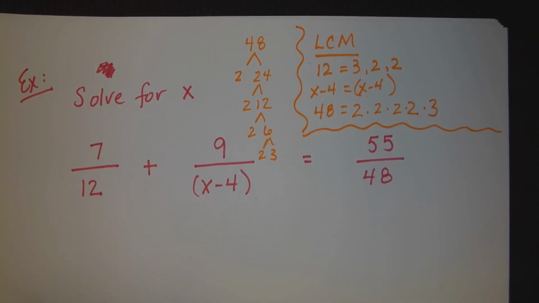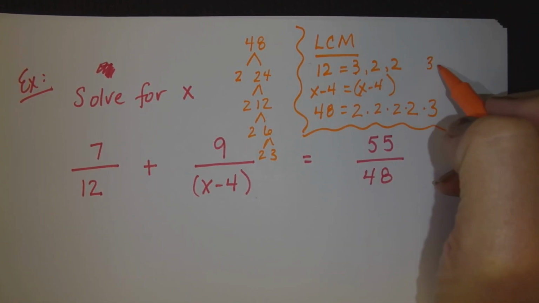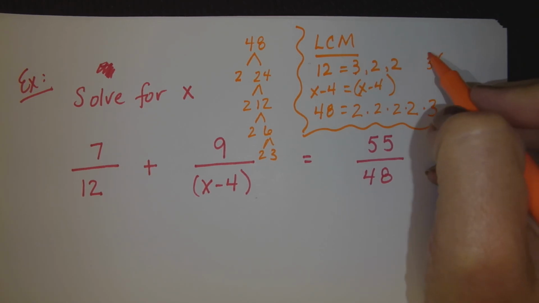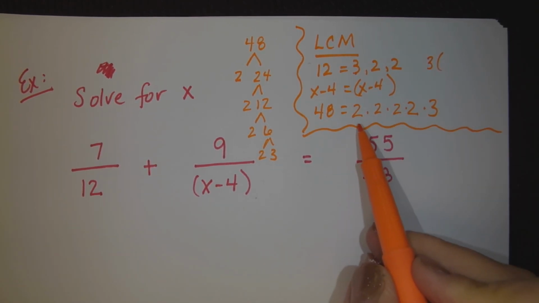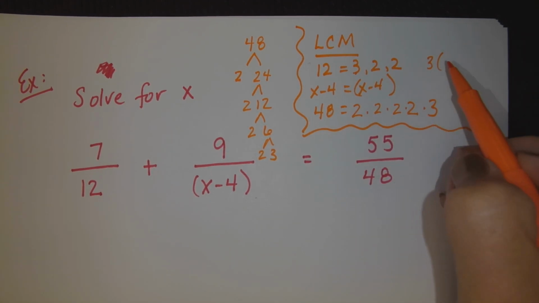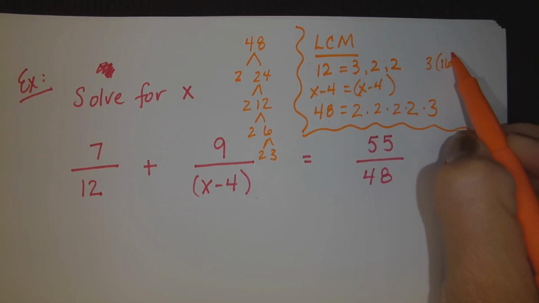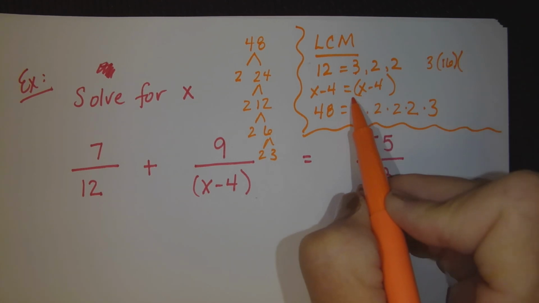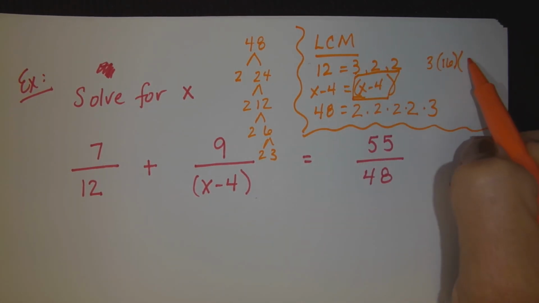So you remember you have to use the most of each one. What's the most number of 3s we have? 1 and 1. So we have a 3. How many 2s do we have? 4. 2 to the 4th is 16. All right, so we'll have to multiply that. And obviously we cannot forget your infamous x minus 4.